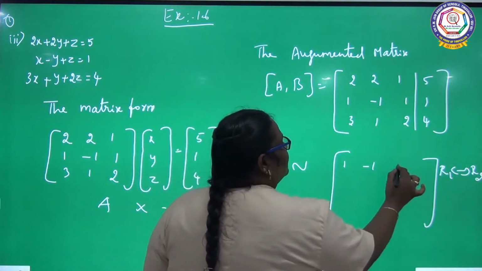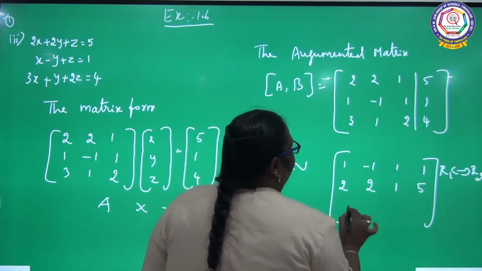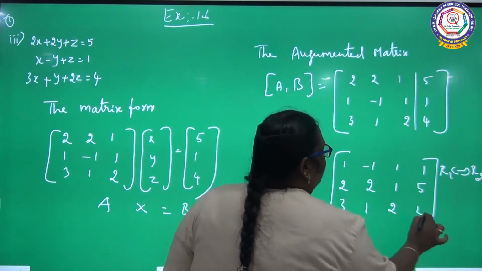The matrix becomes 1, -1, 1, 1; 2, 2, 1, 5; 3, 1, 2, 4.